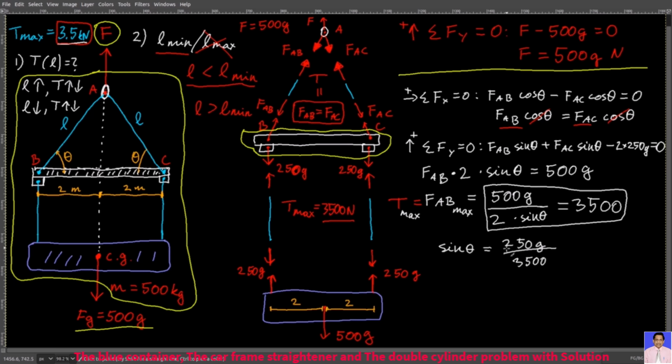I have 250 here because I have 500 over 2, and so I can just get rid of this one and say that this 500 becomes 250. And so from that, you know that theta equals inverse sine of this ratio, which means that theta equals 44.5 degrees.